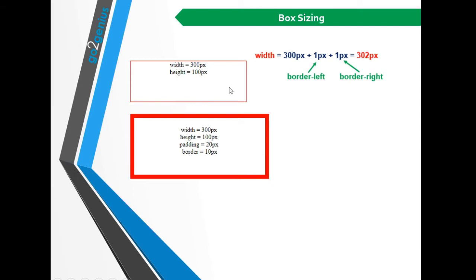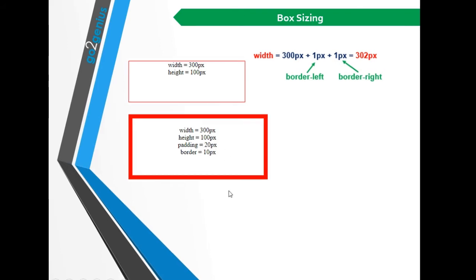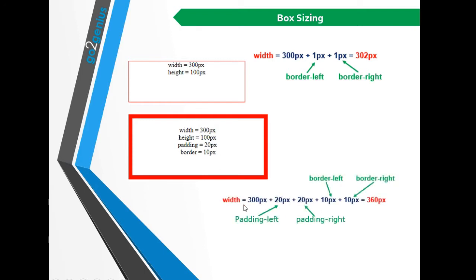Now we have increased the border width for this element to 10 pixels and we have given 20 pixels of padding. Now again we will calculate the width after applying the padding and increasing the border width. Here we can see the width is 300 pixels, the default value, plus 20 pixels left padding, 20 pixels right padding, plus 10 pixels left border and 10 pixels right border.